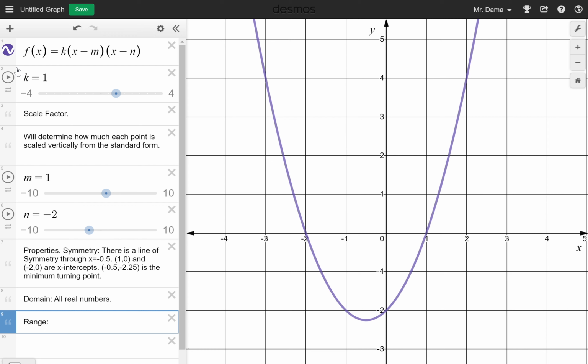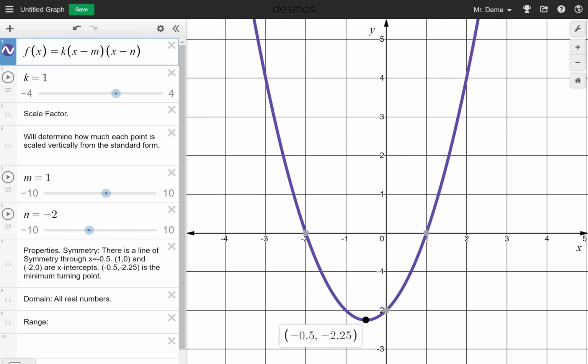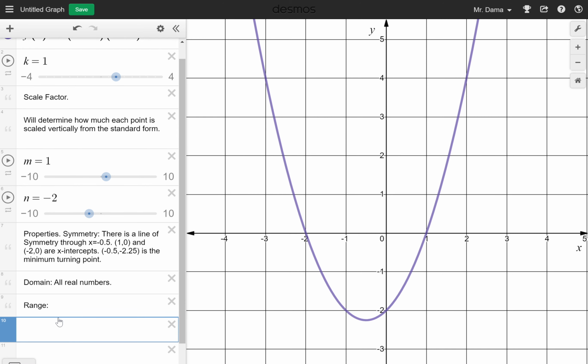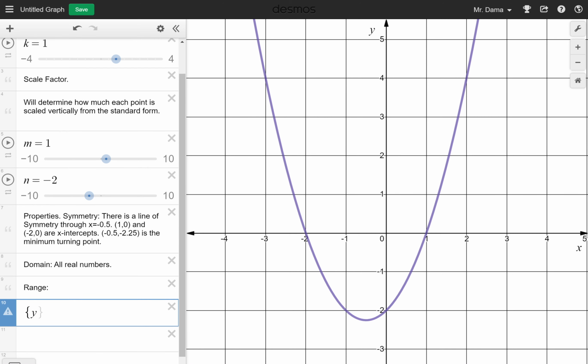Well, given that the minimum point is at -2.25, I can't get values below -2.25. So I'm going to say that the range is, there's my curly bracket, y is greater than or equal to... I can't do that symbol. I can if I just do y is greater than or equal to -2.25.